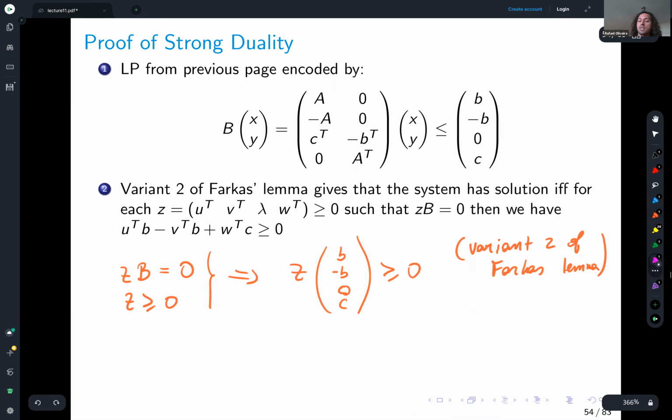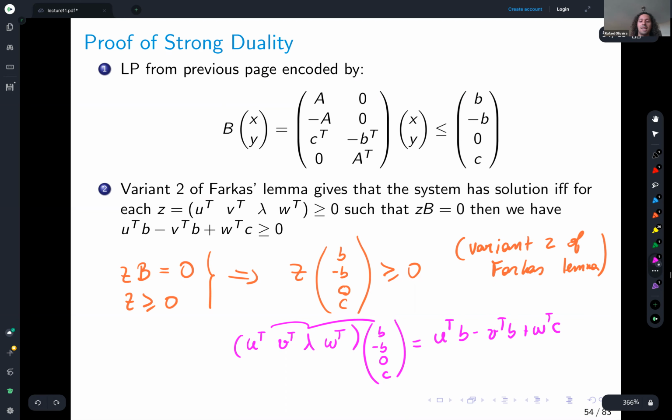If this is U transpose, V transpose, lambda, and W transpose, and I multiply by B minus B 0 C, I get exactly U transpose B minus V transpose B plus W transpose C, because the lambda multiplies by 0. And then we need this to be greater or equal to 0. So there's nothing magical here, I'm just applying variant 2 of Farkas lemma.